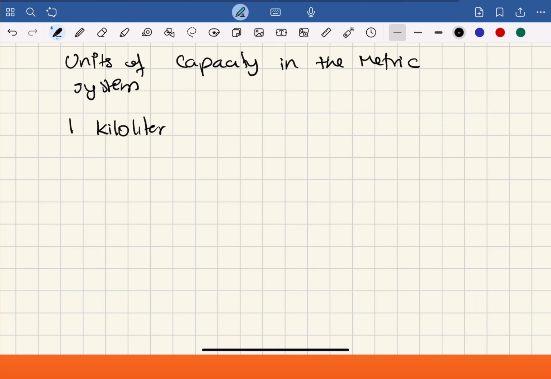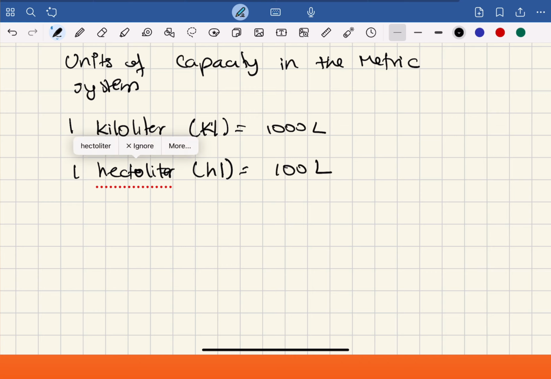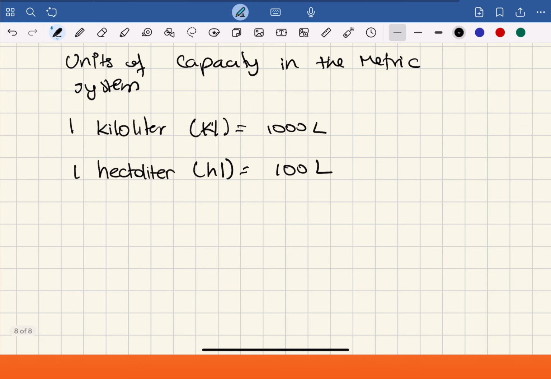Remember that kilo means 1,000, so 1 kL is equal to 1,000 liters. 1 hectoliter, remember hecto means, I hope that you're saying this to yourself, 100, so 100 liters. And if we have 1 decaliter, daL is equal, deca is 10, right?